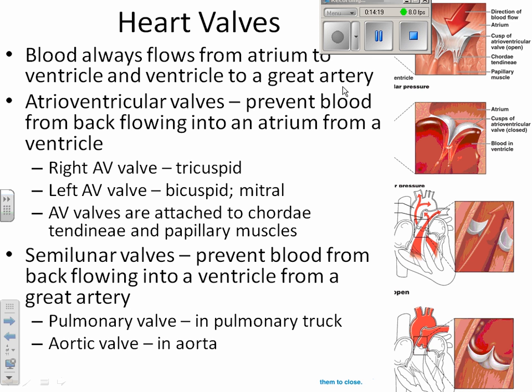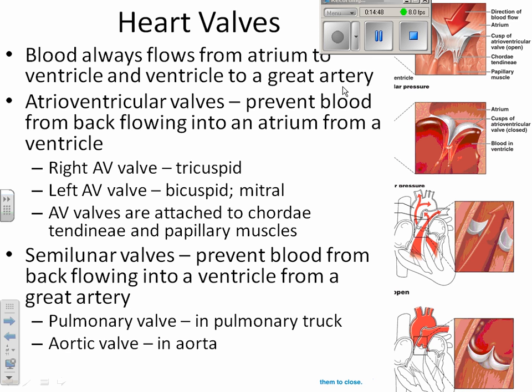Then it will return to the heart through the pulmonary veins, now containing oxygen-rich blood, in which it will enter the left atrium. From the left atrium, it will enter the highly muscular left ventricle, going through the mitral or bicuspid valve, and then it will leave the left ventricle, going through the aortic valve, and will go out the aorta.